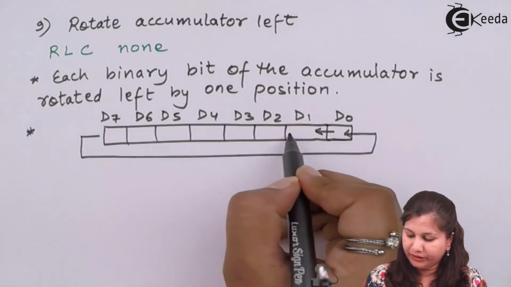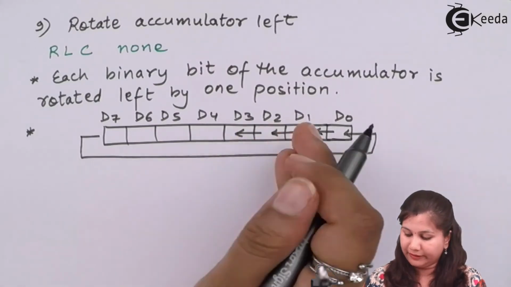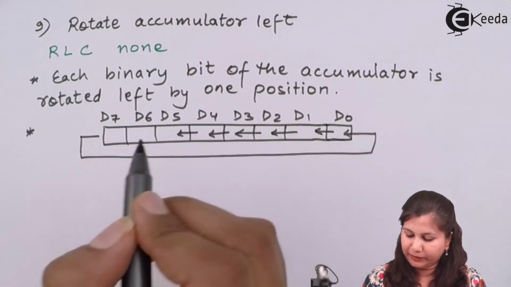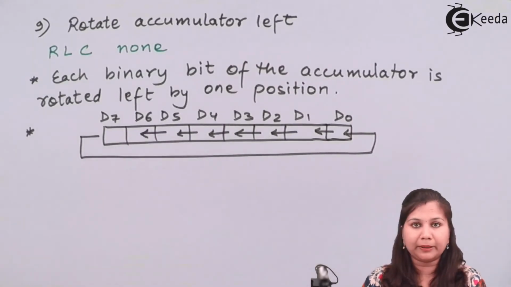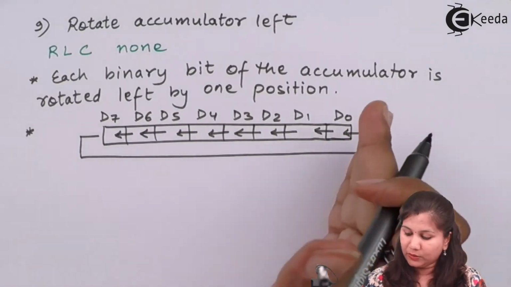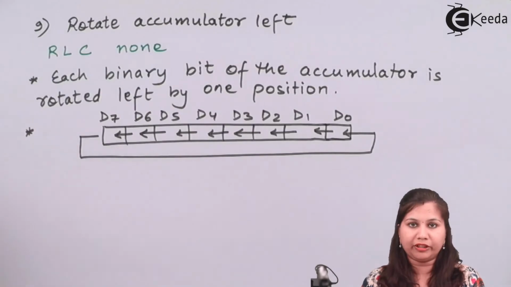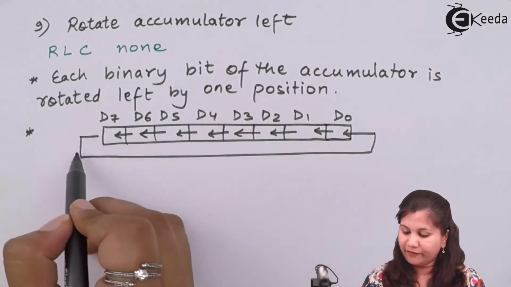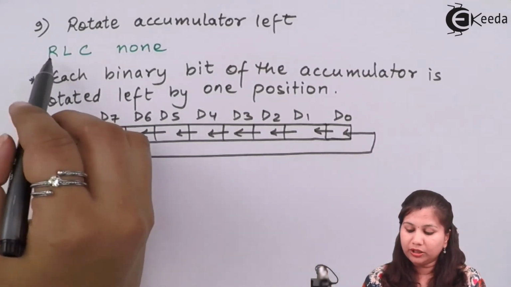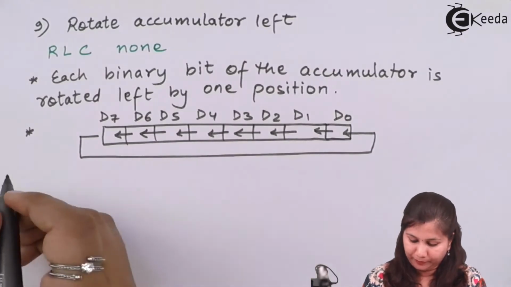D0 is shifted to D1, D1 to D2, D2 is shifted 1 bit to the left to D3, D3 will become D4, D4 will become D5, D5 will become D6, and D6 will become D7. So in this way, 1 bit will be shifted to the left hand side, and the D7 bit will become the D0 bit. So here the accumulator is rotated to the left hand side, okay?